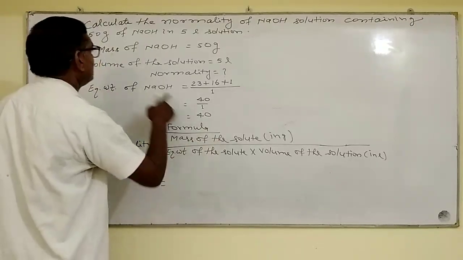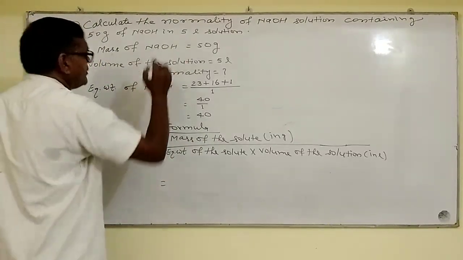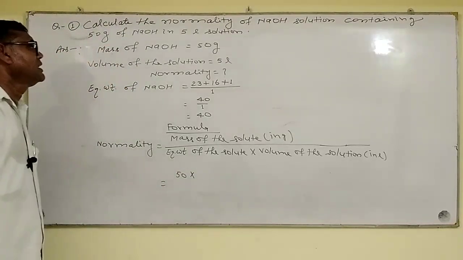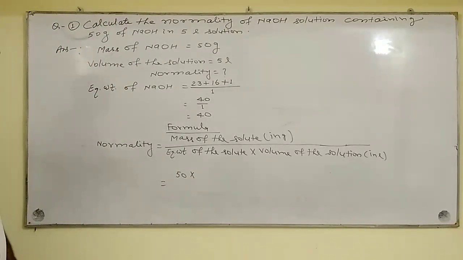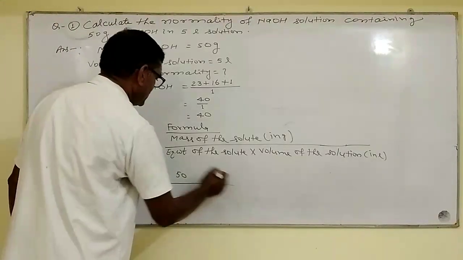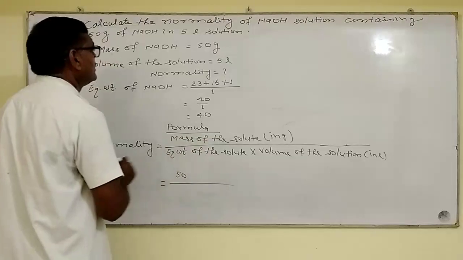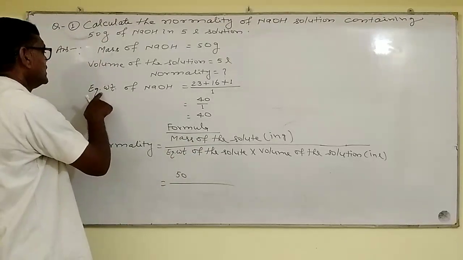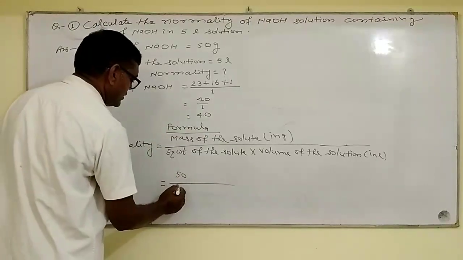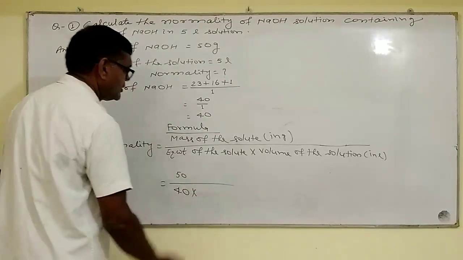Here we write mass of NaOH. In question, mass of NaOH is 50. Here we write 50 upon equivalent weight of solute. In the question, equivalent weight of NaOH is equal to 40. Here we write 40.